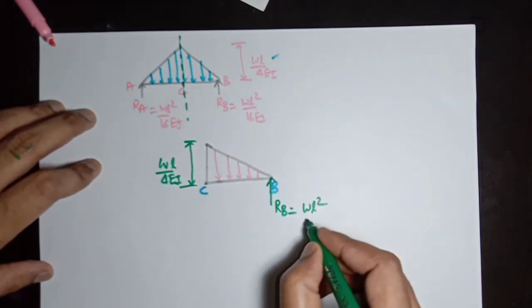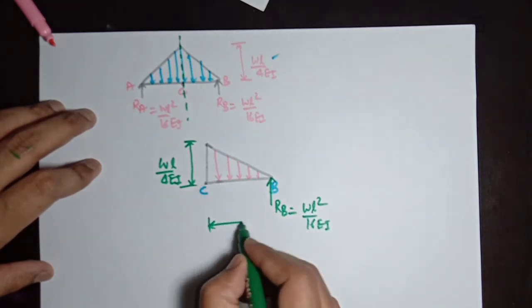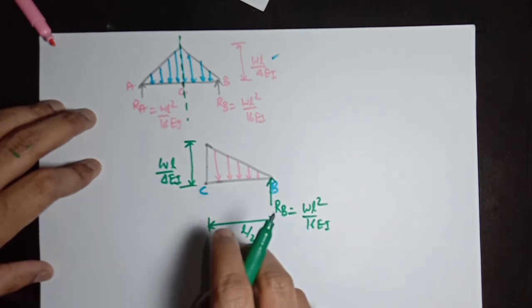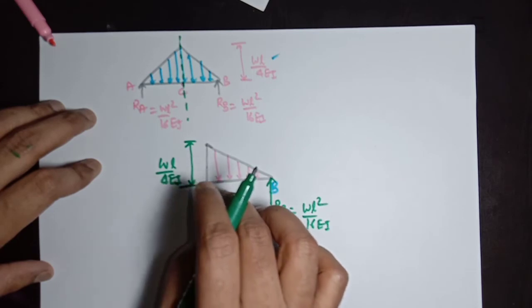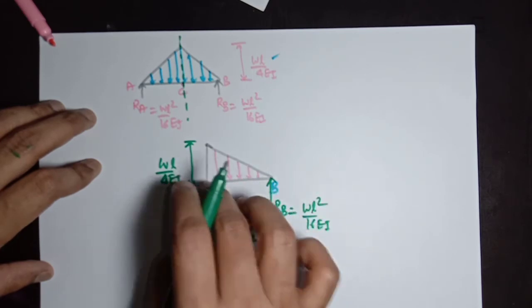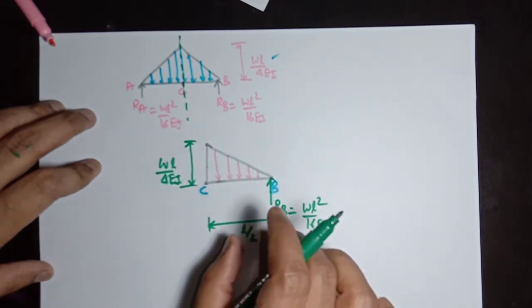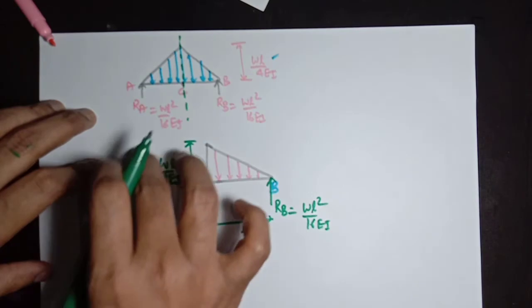WL square divided by 16 EI, and this length is L by 2. We can see here reactive force RB is creating a bending moment about C, which is in anti-clockwise direction. This triangular loading, acting over a length of L by 2 from C to B, will create a clockwise moment.